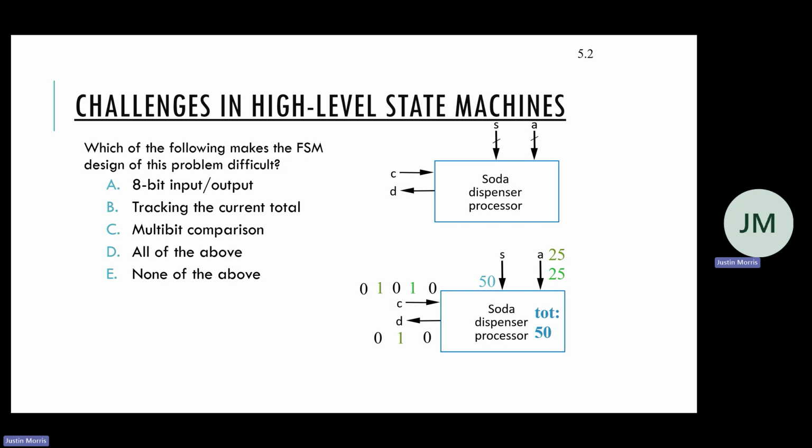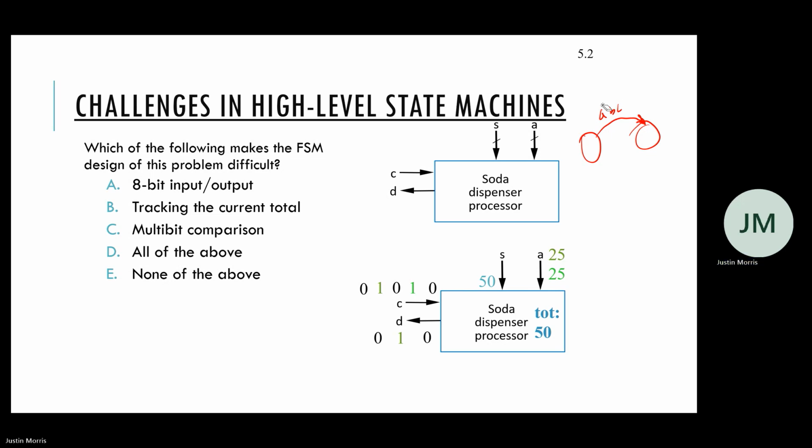All right, so let's think about these one thing at a time. So 8-bit input outputs. What would that look like on a finite state machine? Draw my transition, like this is my state, this is my other state. I draw my transition. Normally I just have one thing here. But if I have 8-bit inputs, I'm going to have like A naught, B, C, like I have to write them all out.